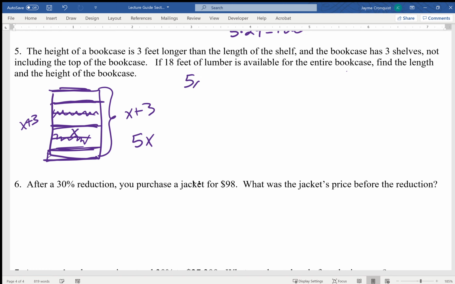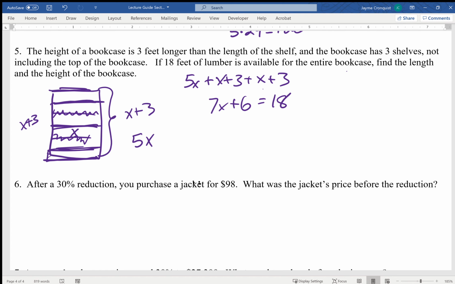So I have 5x plus x plus 3 plus x plus 3. So I've got 5, 6, 7 x's and plus 6. 18 feet of lumber. Wow, that's going to be incredibly narrow.